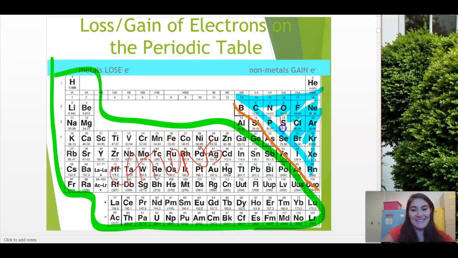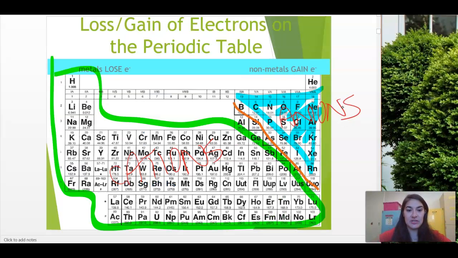Cations and anions. So it says the cation's name doesn't change. When you're looking at here, beryllium, lithium, sodium, chromium, calcium, cesium, you just name what you see, okay?